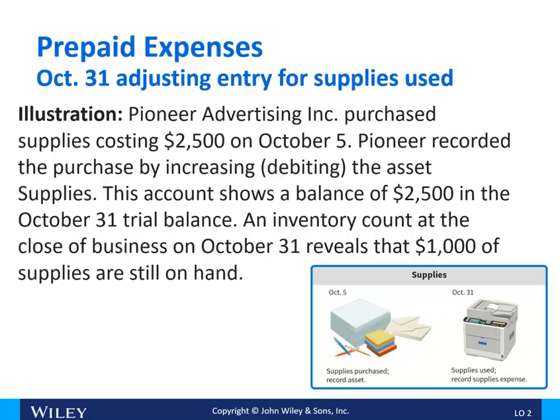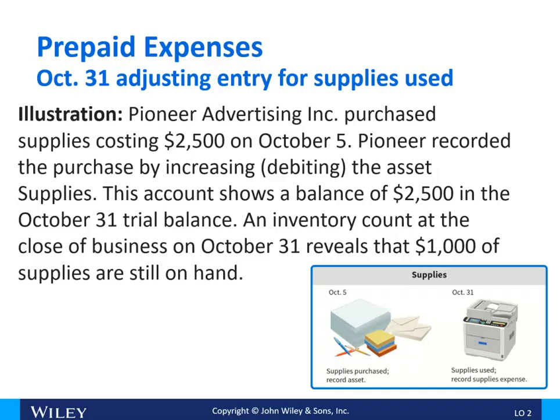Adjusting entry for supplies. Pioneer Advertising purchased supplies costing $2,500 on October 5th. Pioneer recorded the purchase by increasing, debiting, the asset supplies. The account shows a balance of $2,500 in the October 31st trial balance. Inventory count at the close of business on October 31st reveals that $1,000 of supplies are still on hand.